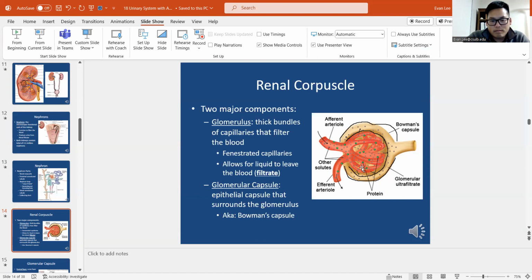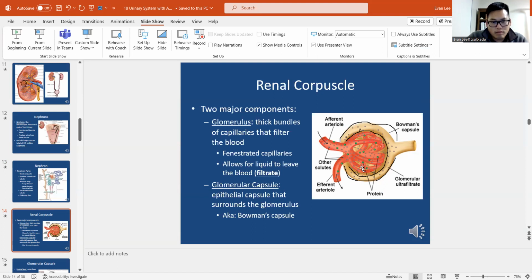So what I want you to imagine when you think of a fenestrated capillary is basically a tube, like a hose maybe. If you poke a lot of little holes into that hose, it's still going to have a lot of stuff going through it, but there's going to be a lot of leakage out of those holes. And that's exactly what's happening here. Basically blood is coming out, but the big stuff stays in, like blood cells, proteins, and large molecules.